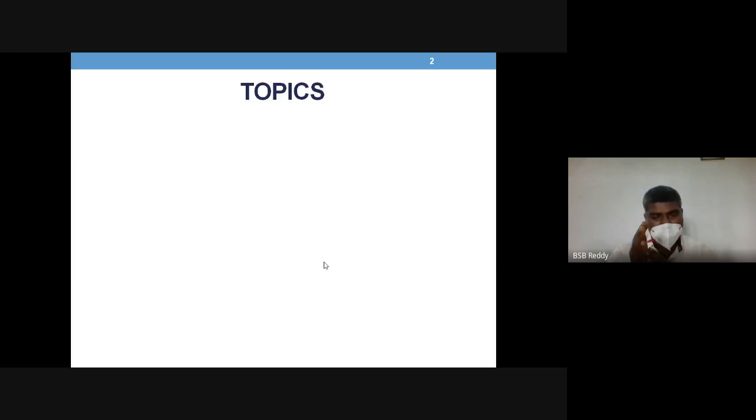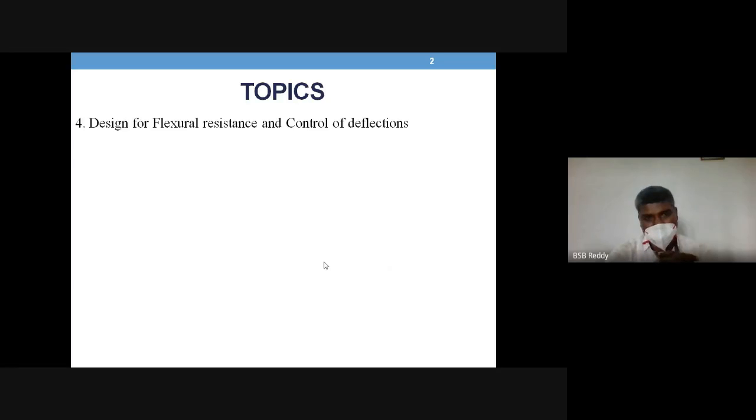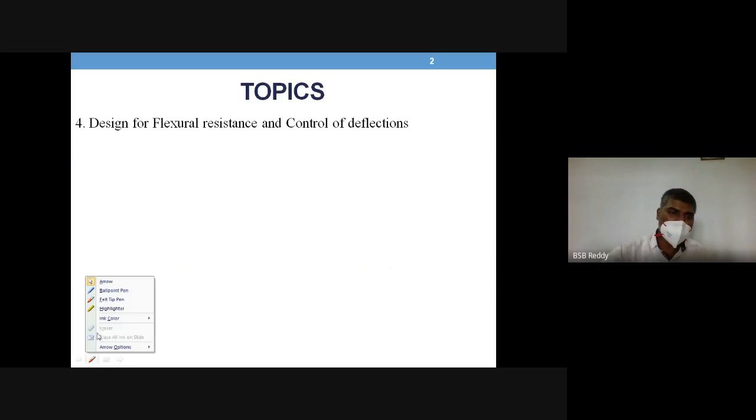Designing for flexure is one thing, that is, estimation of the flexural capacity of this section, and also designing for flexure is one part, and the control of deflections is the other part of unit 4.